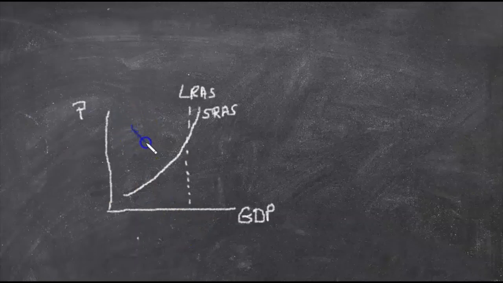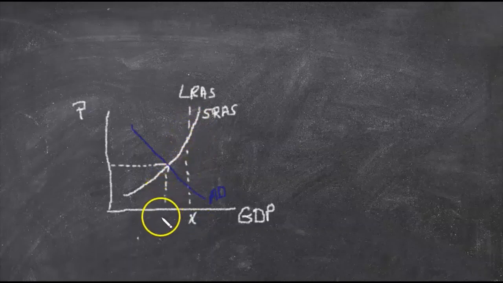We've got aggregate demand here. Now, what's going to happen? You can see that in this situation, production is below potential. We could be out here. This is where we can be, our potential.